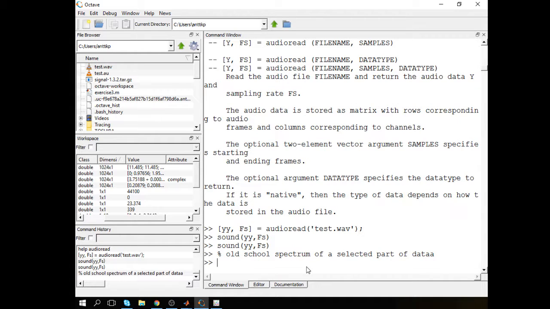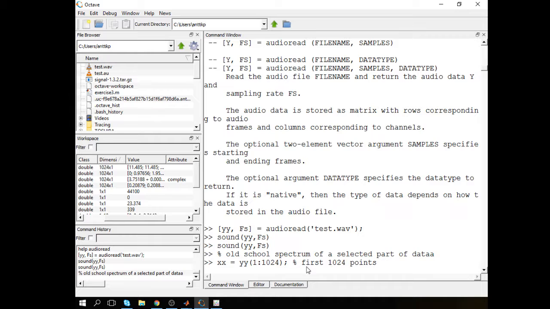I'm lazy. I'm taking the first 1024 points. So I take the subsample x equals the y from 1 to 1024. Okay, first 1024 points.